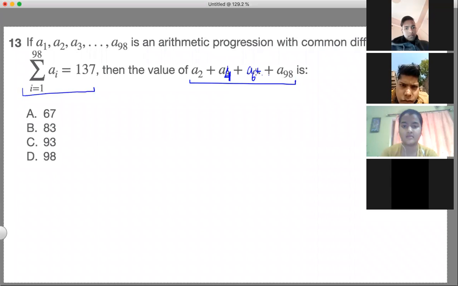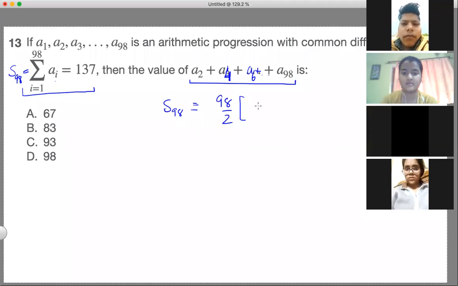How will we do this? देखिए ये सम जो है, ये सम लेट्स से 98 है. Okay, sum to 98 is equal to what? 98 by 2 inside the bracket.